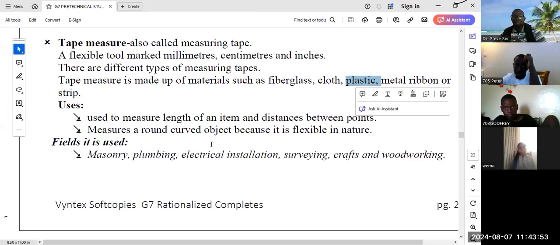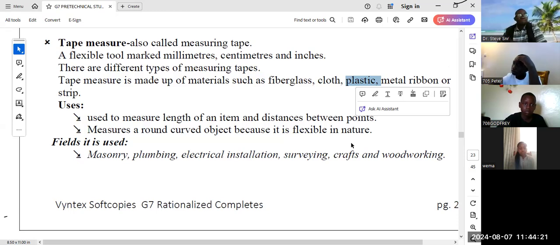They will take your measurements around your neck, around your chest, around your waist, and the length from maybe your shoulder to the bottom of your leg. They will use a tape measure. It is also used to measure a round curved object because it is flexible in nature.